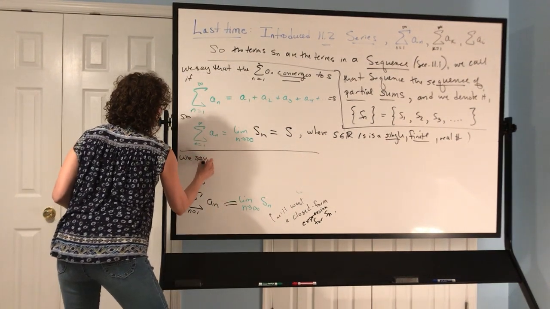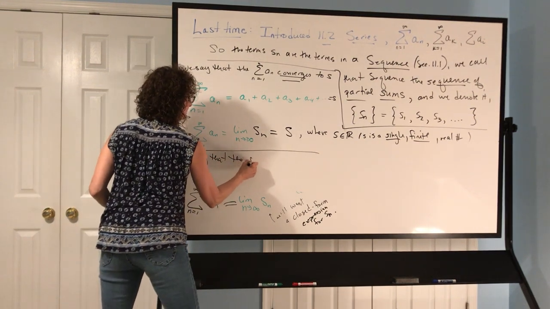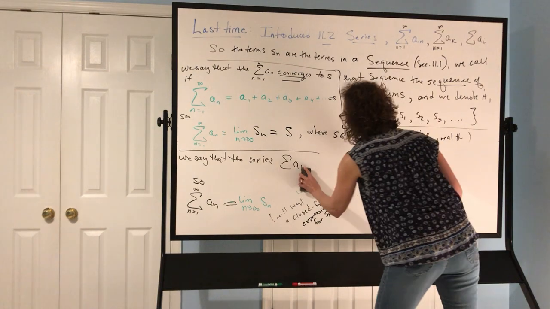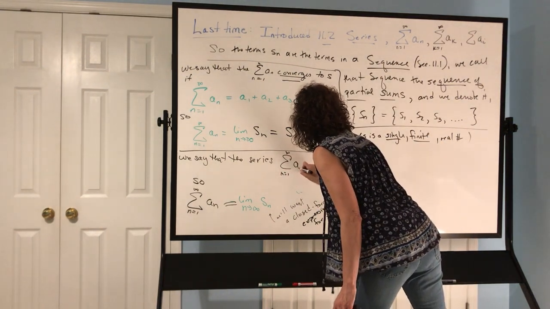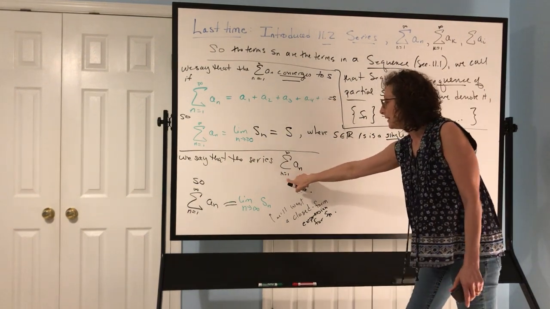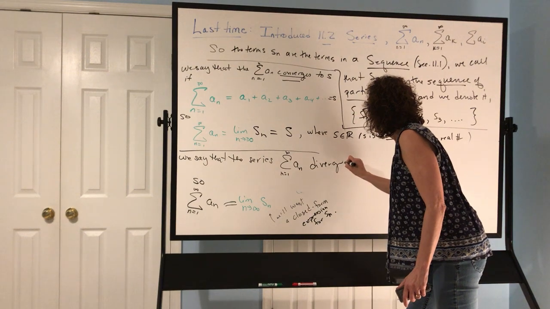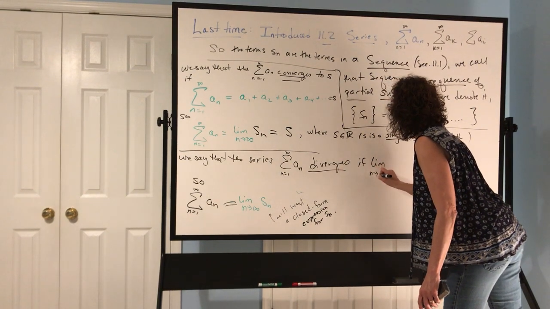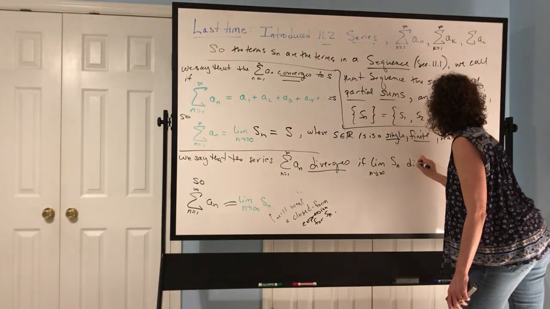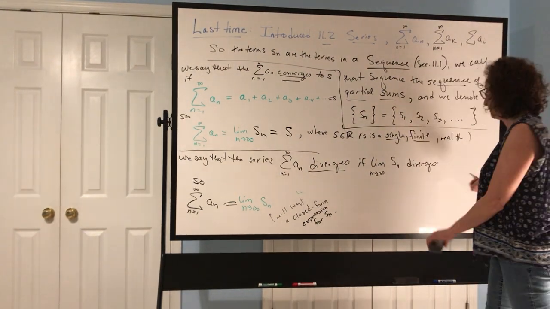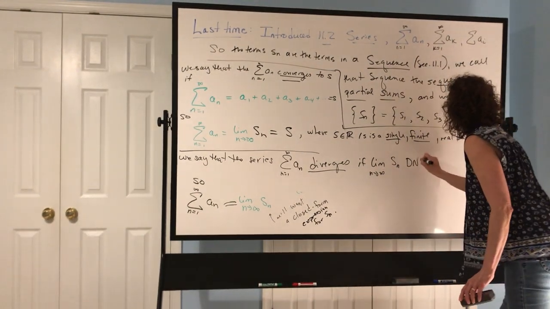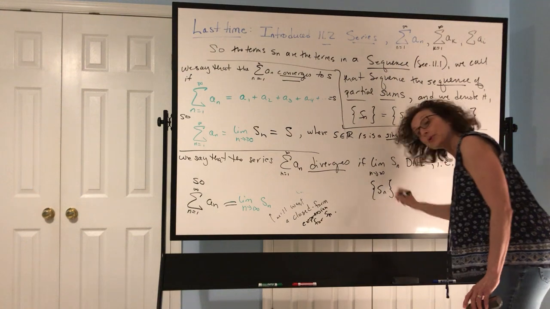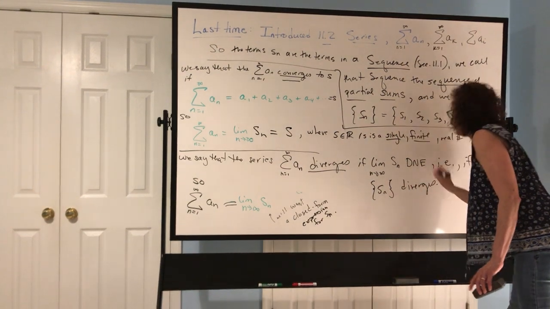We say that the series, sum n equals 1 to infinity of a sub n, diverges if the limit as n goes to infinity of s sub n does not exist, i.e., if the sequence of nth partial sums diverges.